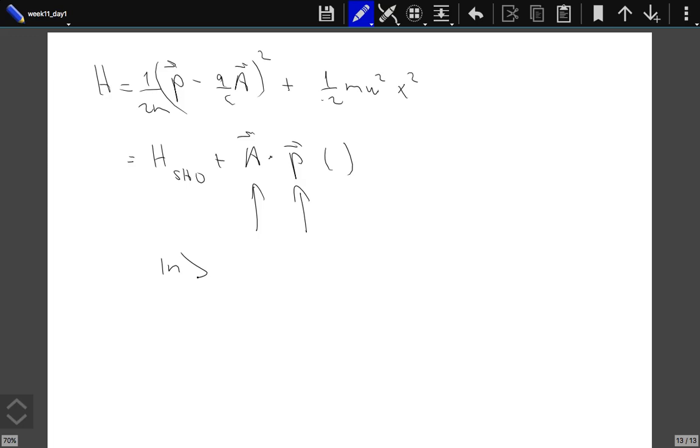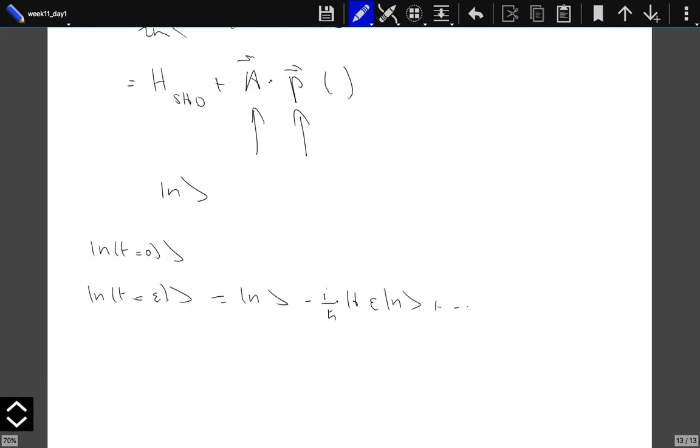If you start the ket at t equal to 0 in the n state, then at t equal to epsilon, this is basically n, minus i over h bar epsilon times H multiplied with n.